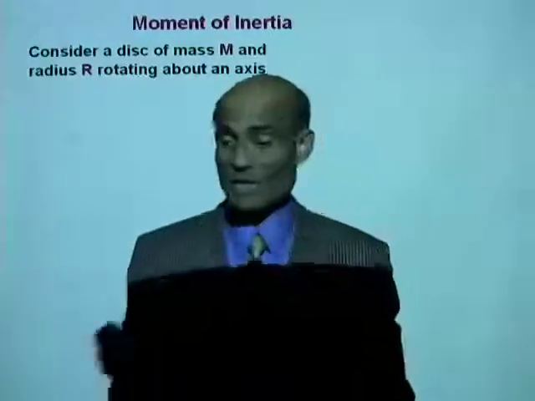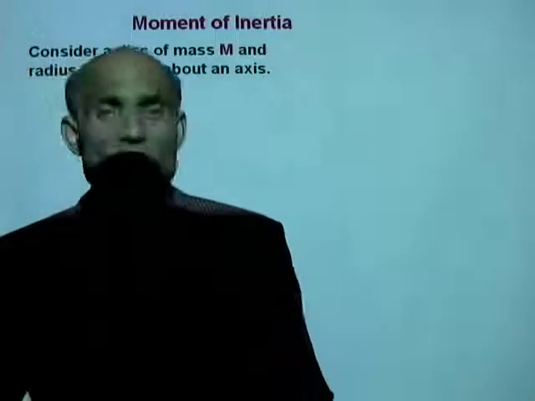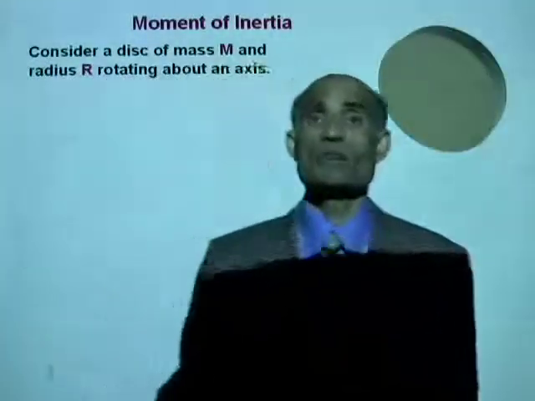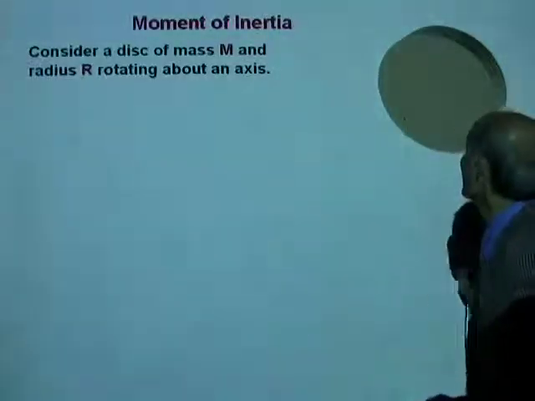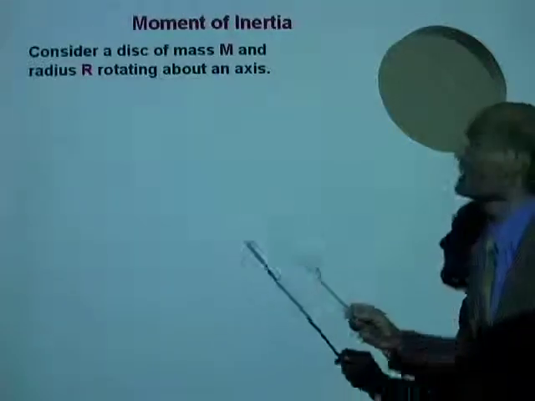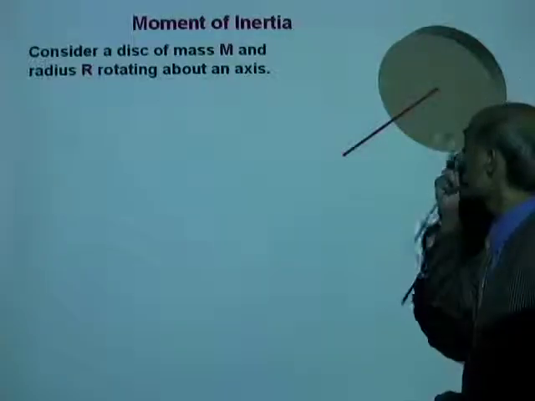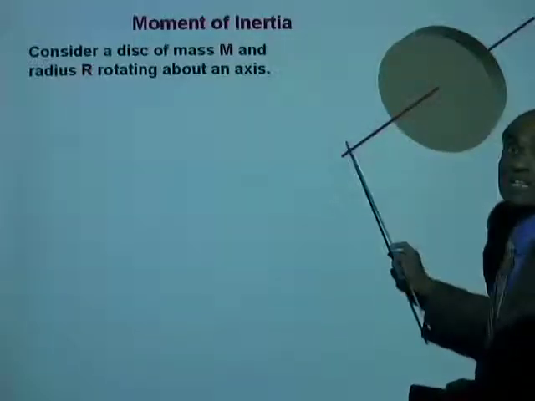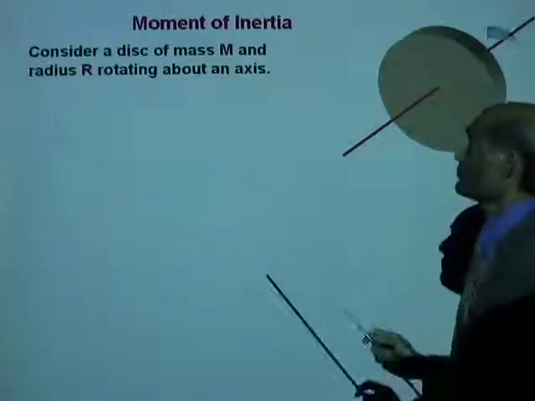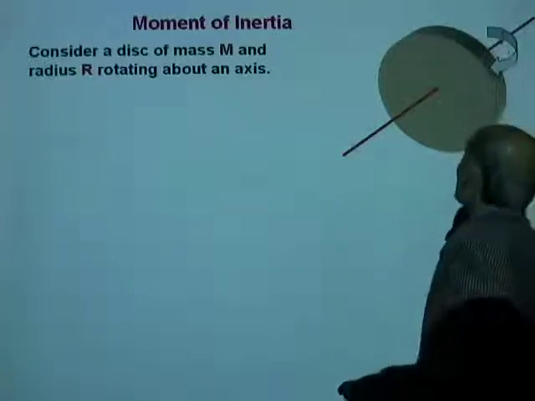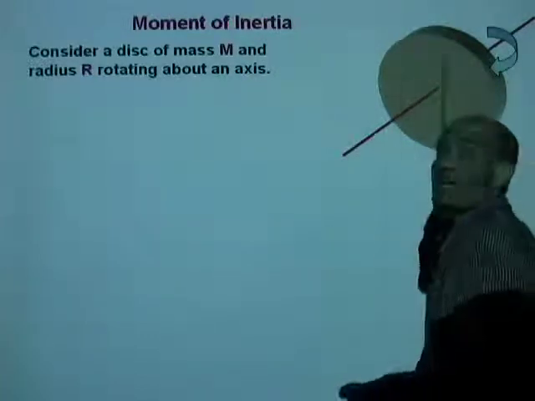Alright, let's look at that in a little more detail. Now, here is the disc that I have just been showing you. Consider a disc of mass m and radius r rotating about an axis.